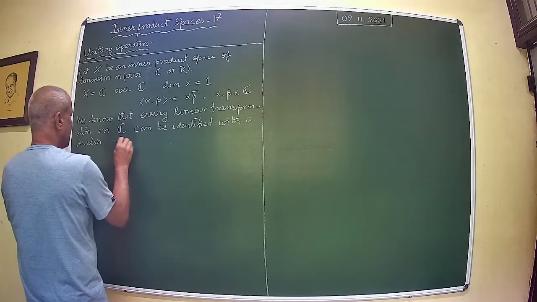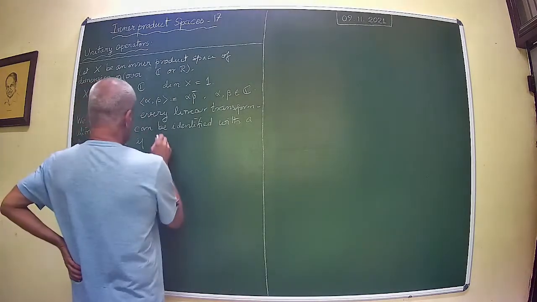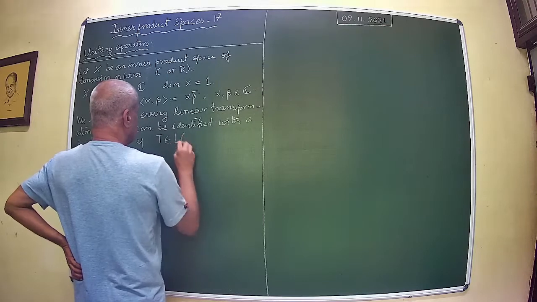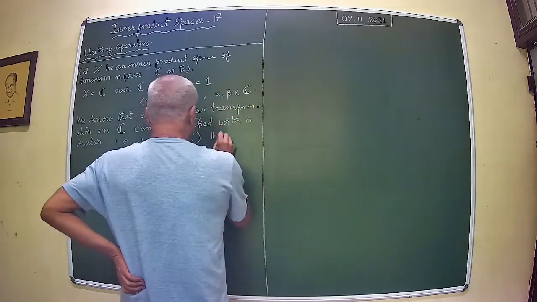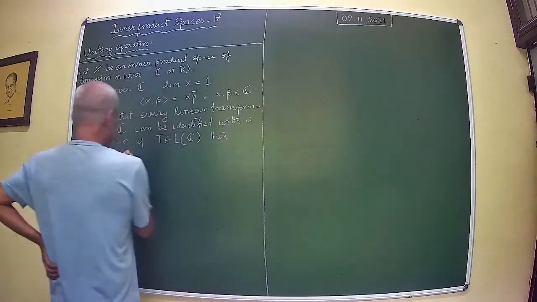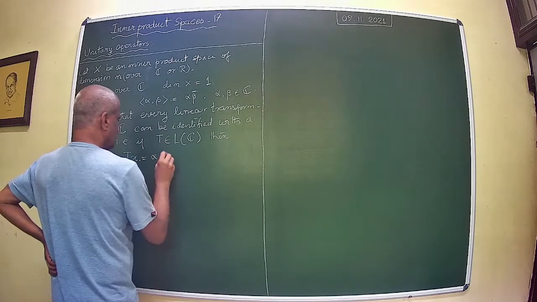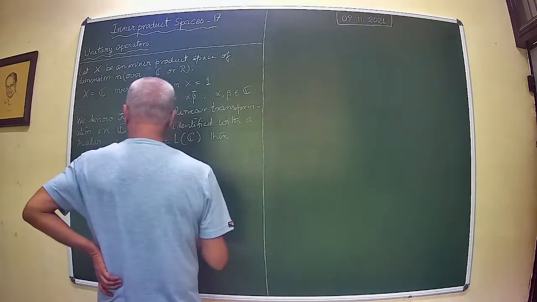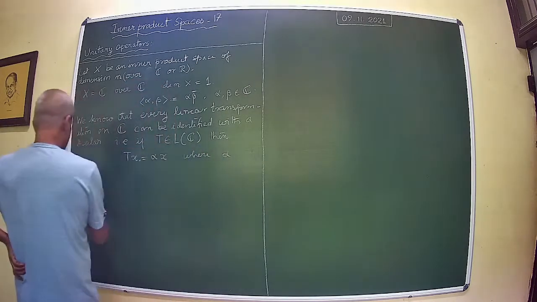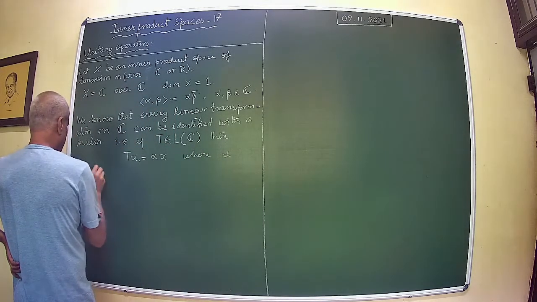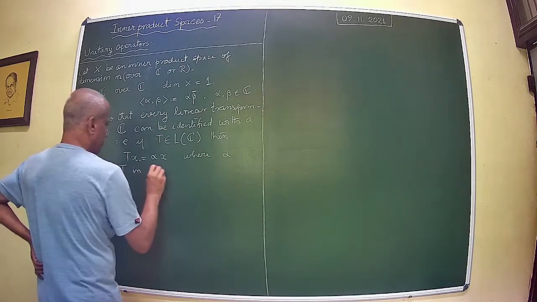That is, if T belongs to L(C), then Tx is multiplication by alpha, where alpha represents T in some basis.